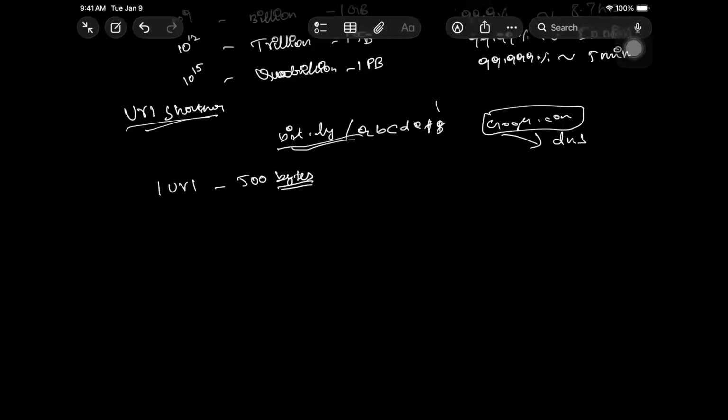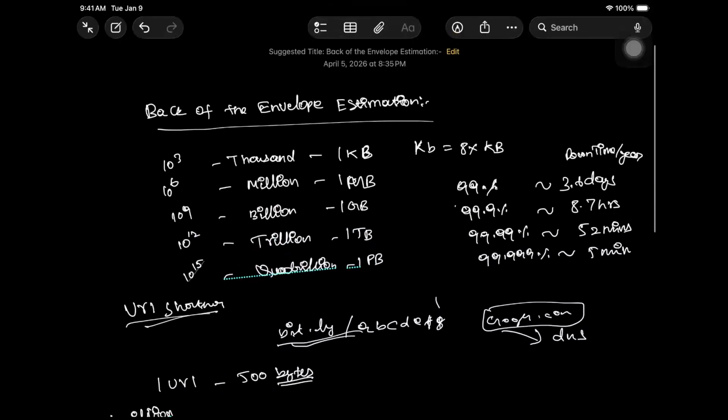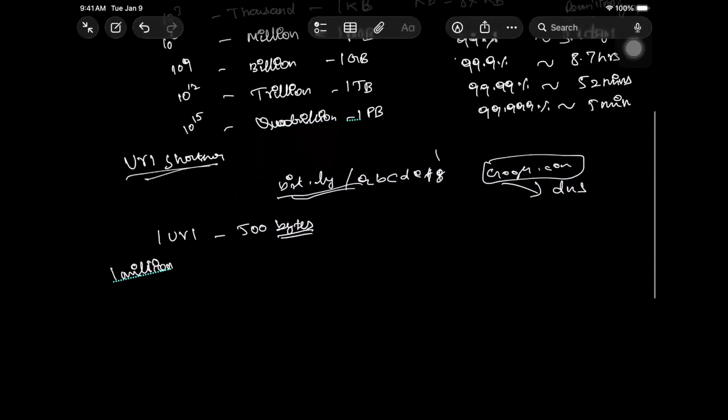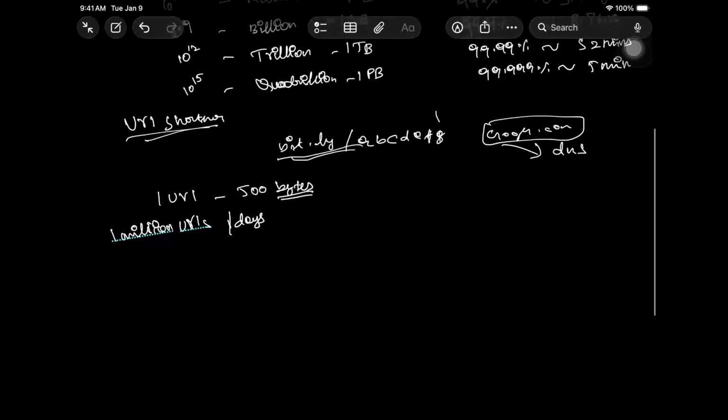It is a maximum, but our service is huge, so there are 1 billion URLs per day, or let's say 1 million. 1 million is 10 to the power 6. So 1 million URLs per day is our request.